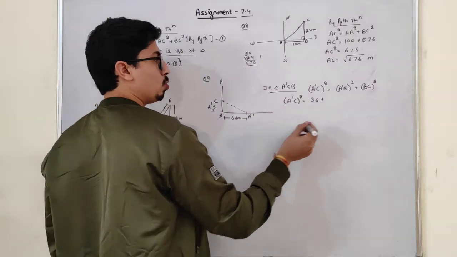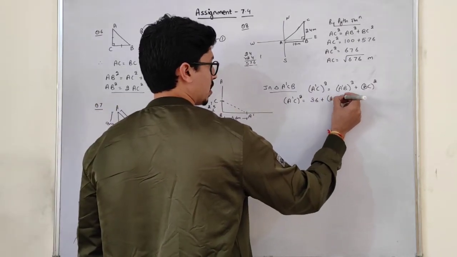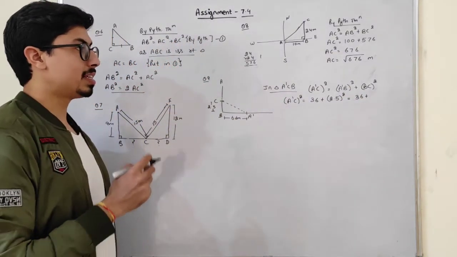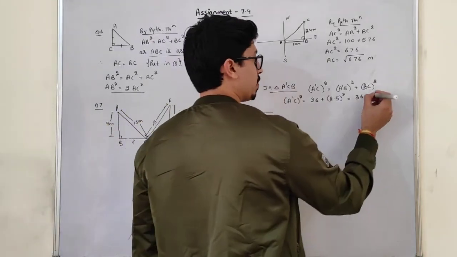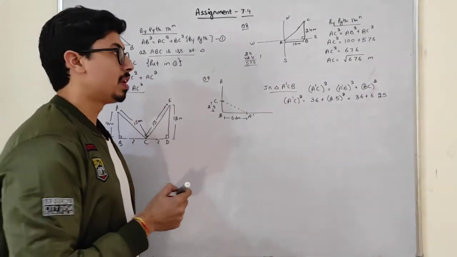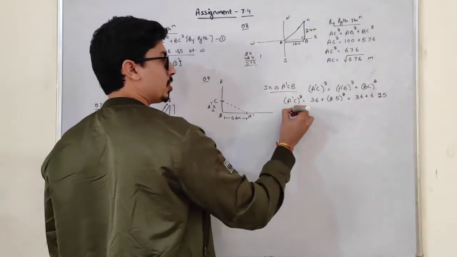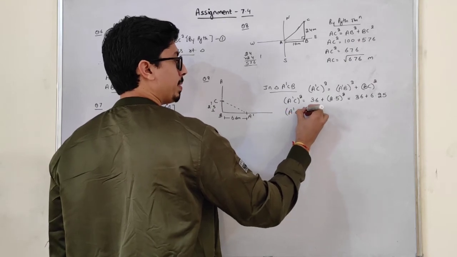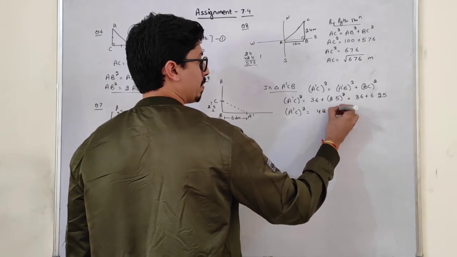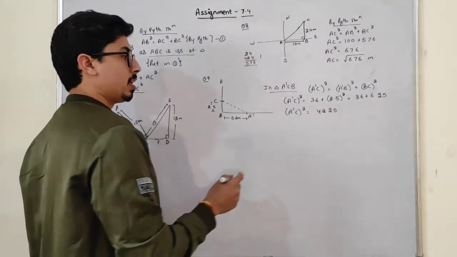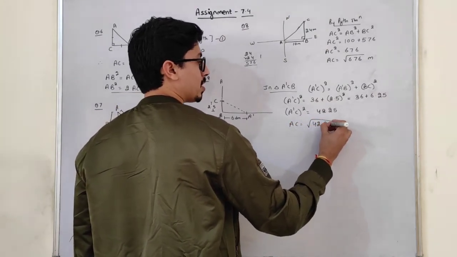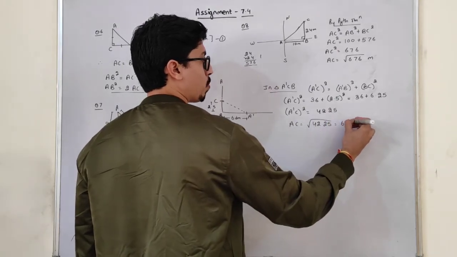BC is this, it will be 2.5 square, which is 6.25. Now if I just add them, students, it will be 42.25. Okay. So A dash C square is 42.25, and if I find the root of 42.25, students, it will be 6.5.